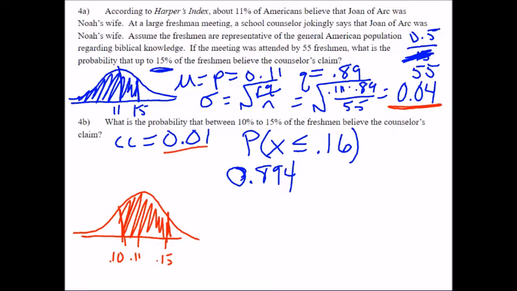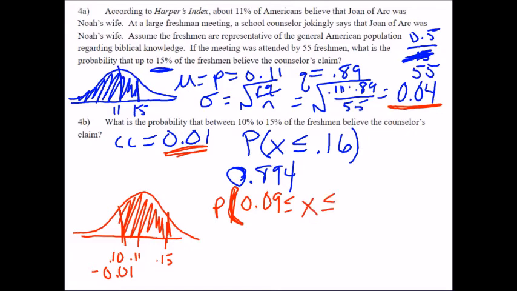So we're going to find the probability. What I'm going to do is take the continuity correction. I'm going to take away 0.01 from the left end, so 0.1 minus 0.01 gives me 0.09.